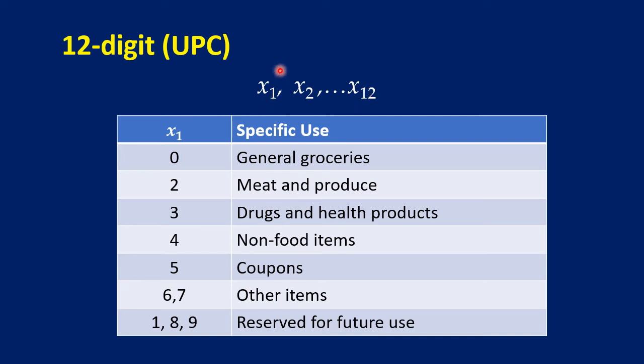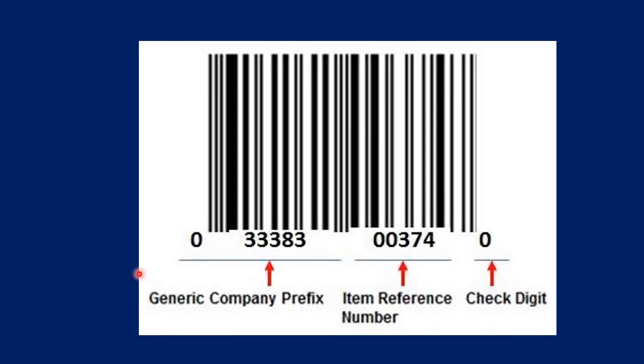Now take note that the first digit refers to what kind of item that is. Is that general grocery, meat and produce, drugs and health products, non-food items, coupons, other items? For 1, 8, and 9, they are just reserved for future use. For example here, the first number is 0, so in our previous slide, that would be general grocery.